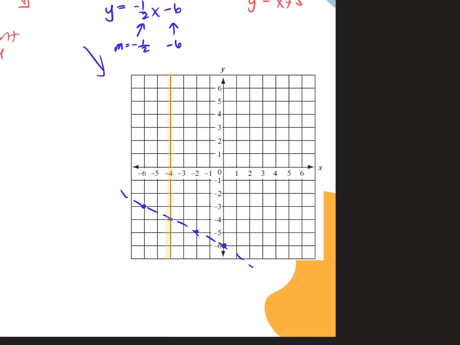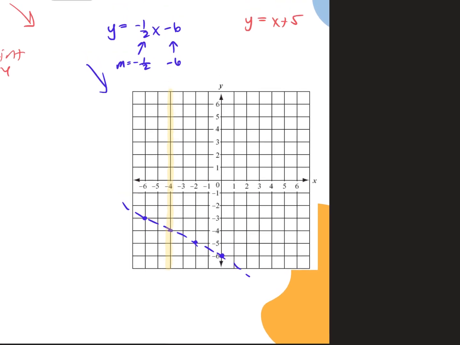What kind of a dot do I want to have right there at that boundary line? A closed dot. Why is it closed? Because it says or equal to, it's included. And then what do I do with all the other stuff? I erase it. I just want a piece. Not the whole thing, just a piece. That's the only piece of that line that I'm looking at. Does that make sense?